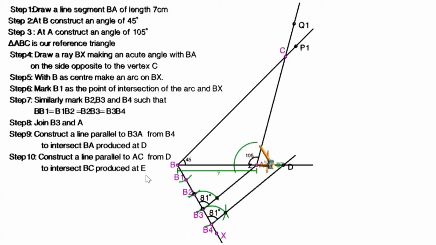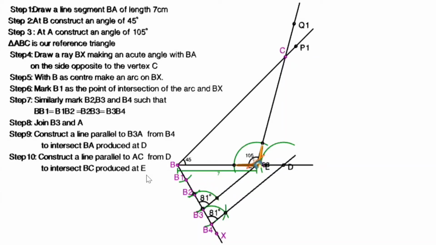As I told you, I've made an arc of any radius with A as center. With the same radius, I make another arc with D as center. I measure the width of angle BAC. So I find the point of intersection of the arc with AC and with BA. I use my compass to find the width.